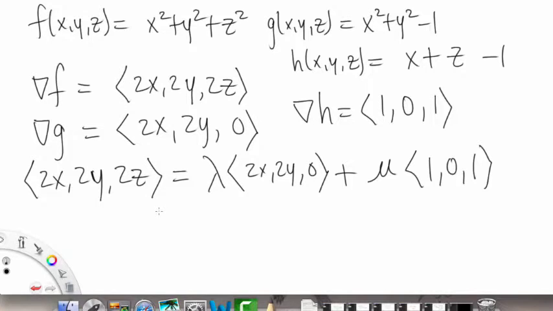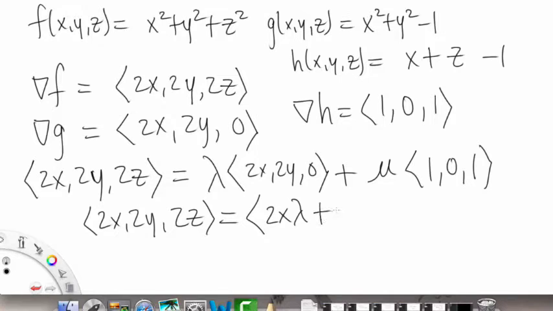Now let's simplify the right side to make it look a little nicer. On the left side, we still have 2x, 2y, and 2z. And on the right side, we have 2x times lambda plus 1 times mu, comma, 2y times lambda plus 0 mu. And then the last one is 0 lambda plus 1 mu.